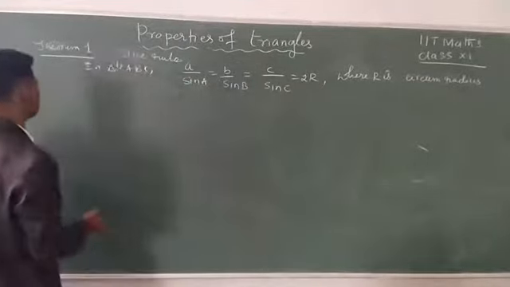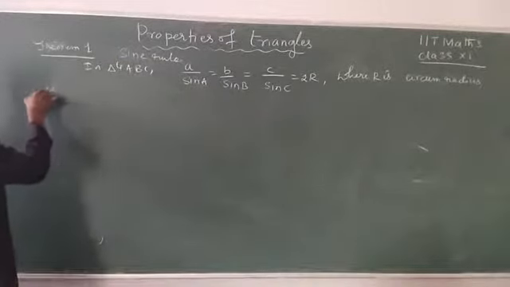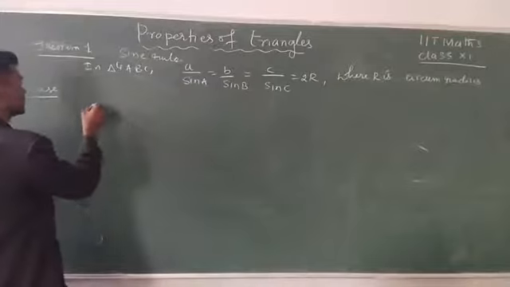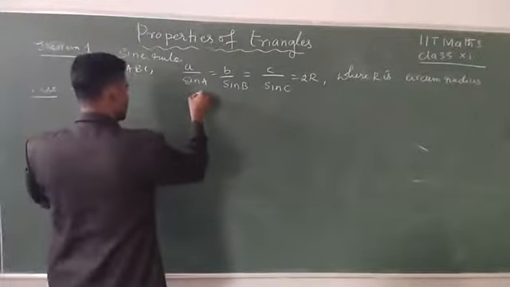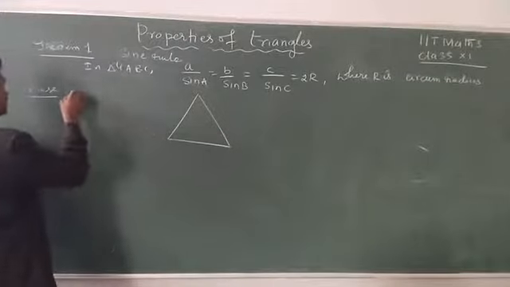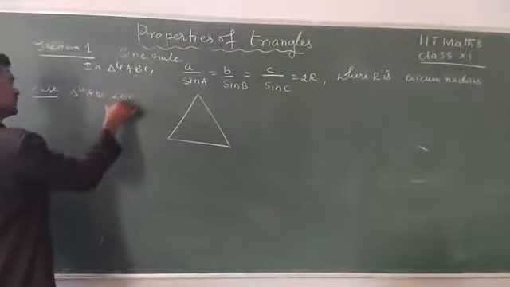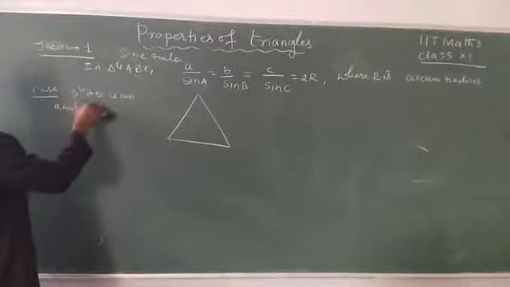See here, first we prove this theorem in the following cases. Case 1: A is an acute angle. Now see here, this is triangle ABC, an acute triangle.